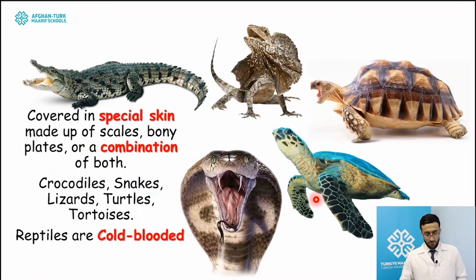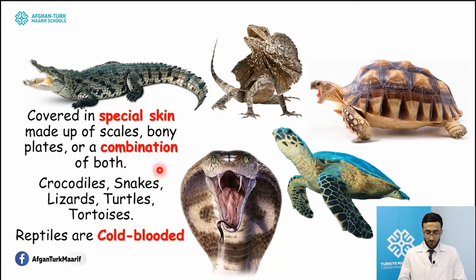In this video, as you are seeing, you may imagine that the reptiles are quite a diverse species of animals. Mainly about their distinguishing features, we can say that most of them share some common features. One of the most important things that they share in common is that their body is covered in a special skin. This skin is made up of scales or bony plates, or a combination of both.